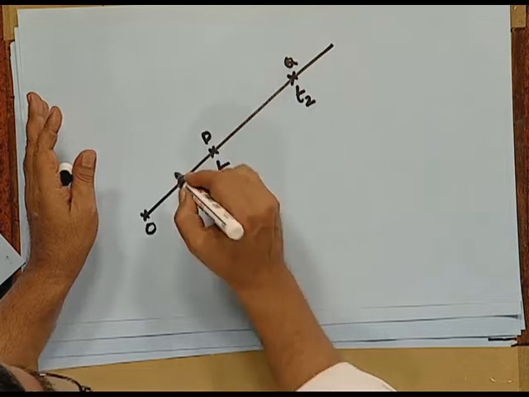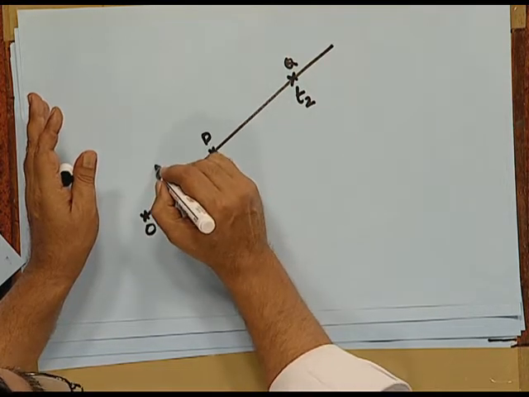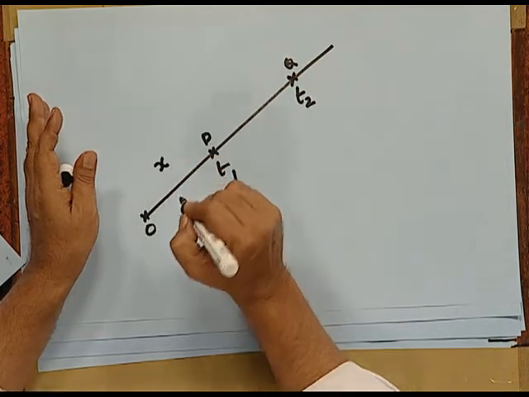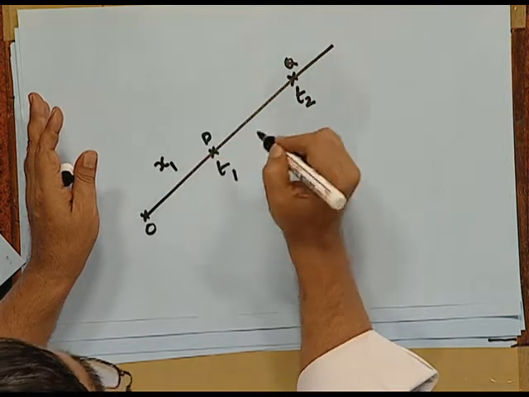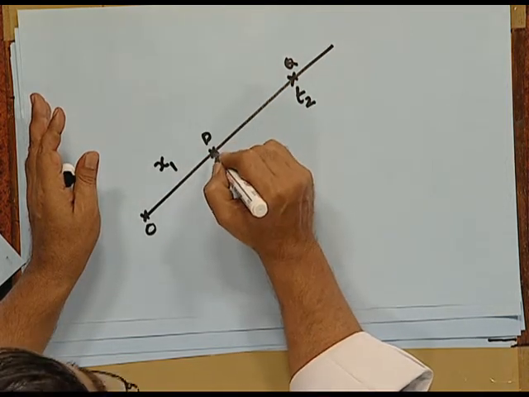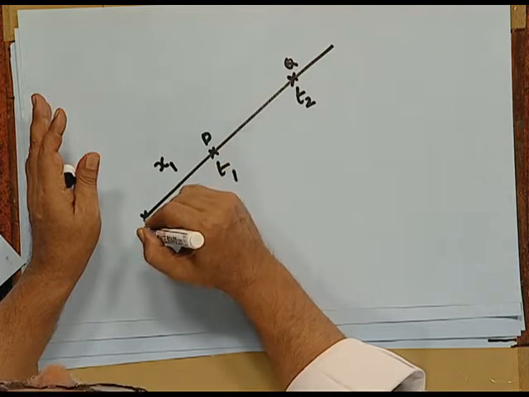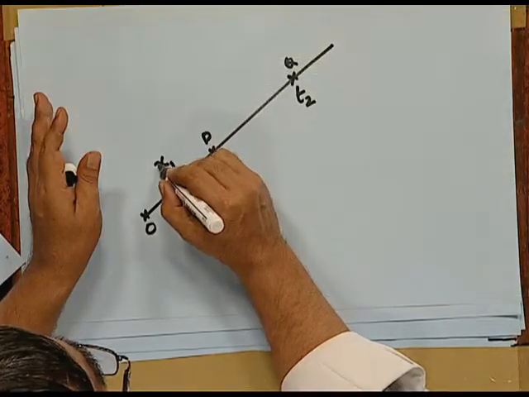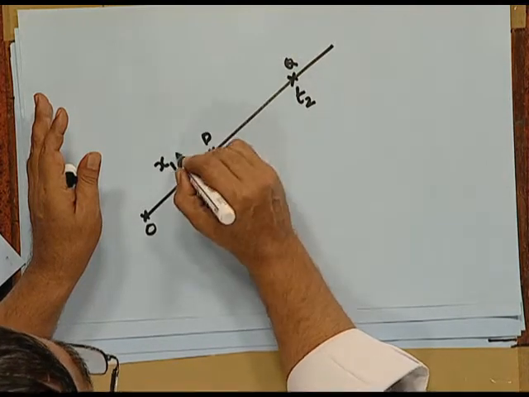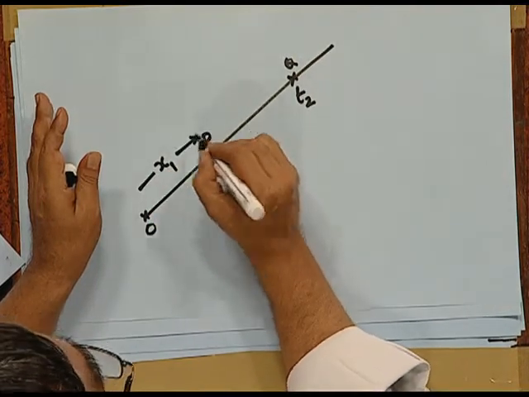When we say change of position continuously with time, we say the object is moving. How do we describe the motion? Motion along a line. One of the things that we do is consider the object at position P, which has the position coordinate x1. What do you mean by position coordinate? The location of the point P with respect to the origin is uniquely represented by the quantity x1 in this direction.